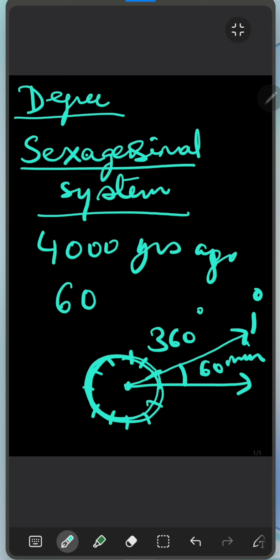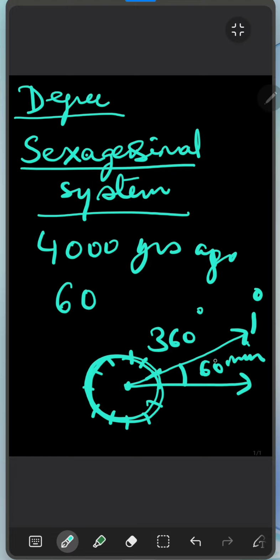According to the sexagesimal system, which originated from Babylonia, Mesopotamia, about 4,000 years ago, the angle on a point is 360 degrees, which is a full circle angle. And when we break this 360 into 360 equal parts, each part is 1 degree.